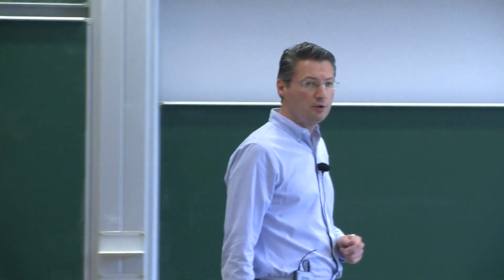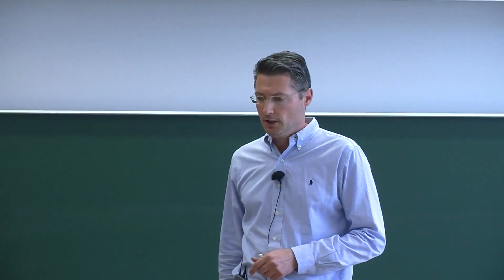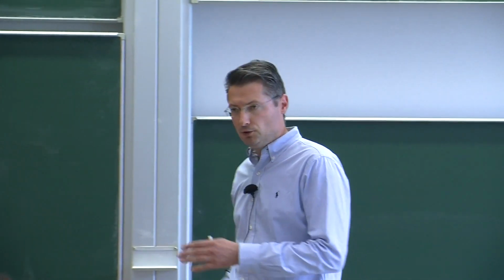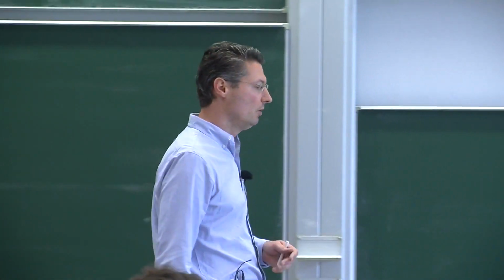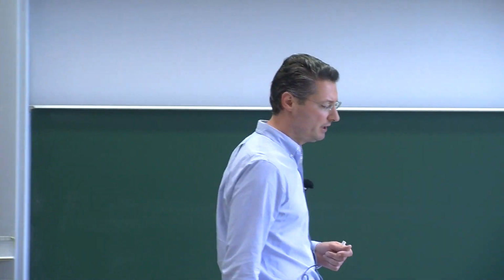Now there are several ways to introduce intersection homology. You can either do it using sheaf theory, or you can use singular chains, or you can use piecewise linear chains, and so on.